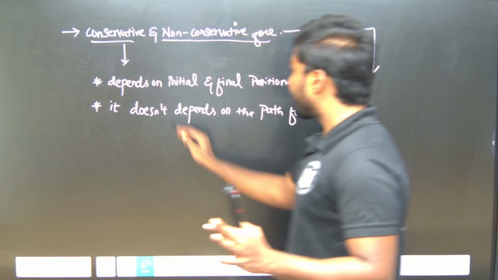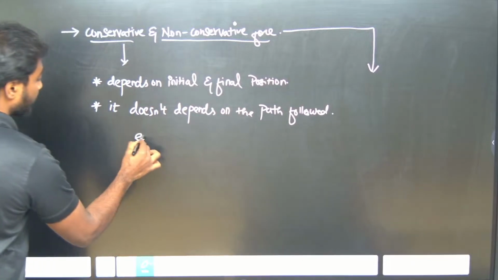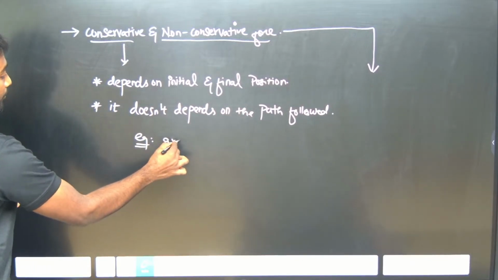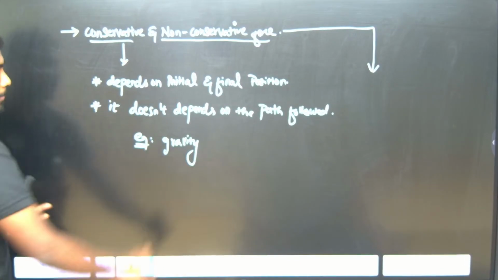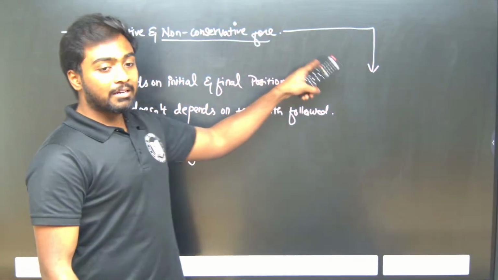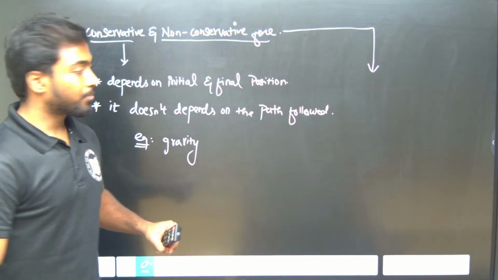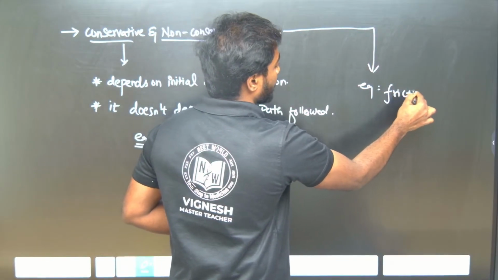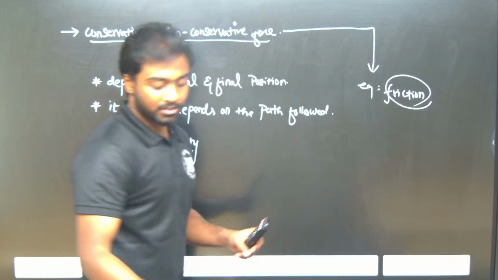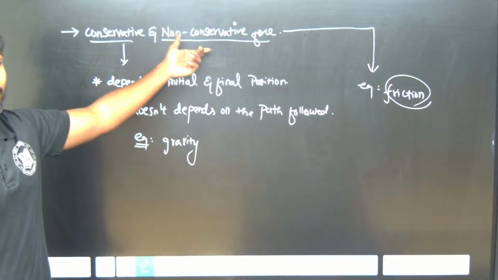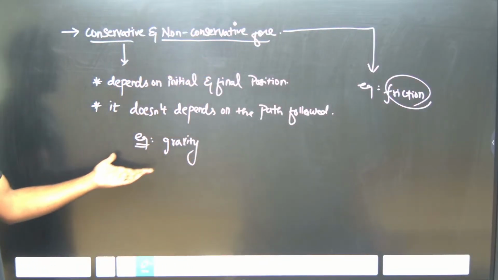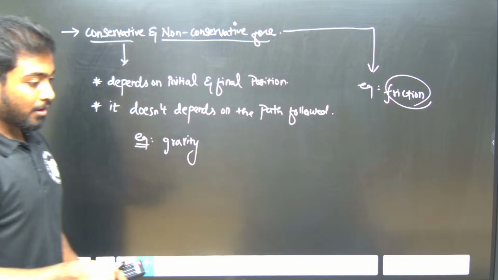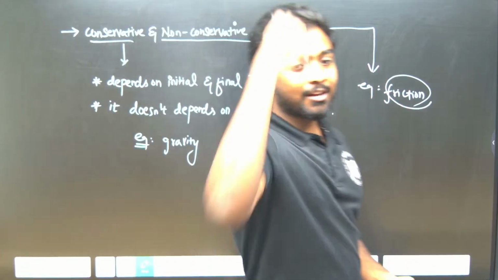So what examples can I give? Gravity, I can say. An example of a non-conservative force is friction. An example of a conservative force is gravity: initial and final position only.